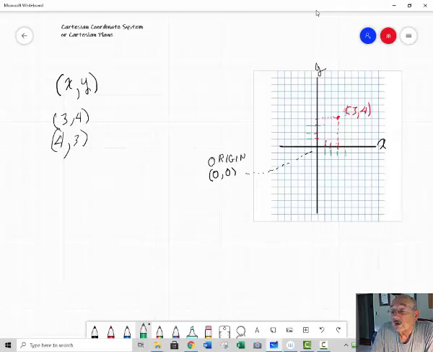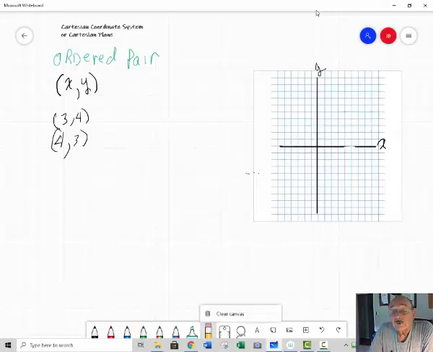And the intersection of those two lines would be the point 4, 3. So you see that the order makes a difference. It's called an ordered pair. Okay? Alright, so let's see what we can do with this.